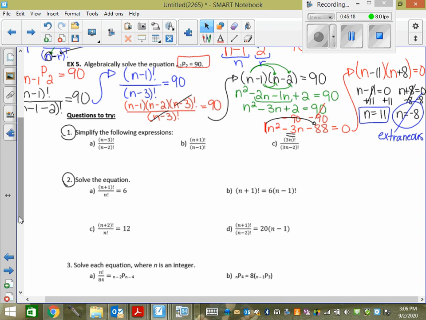No? Can we do something to it to make it that way? What could we do? Divide by what? Yeah, divide by the brackets that are stuck by it. That's it. And cross that off, right?